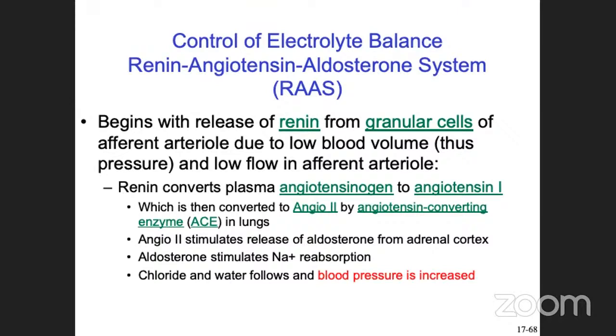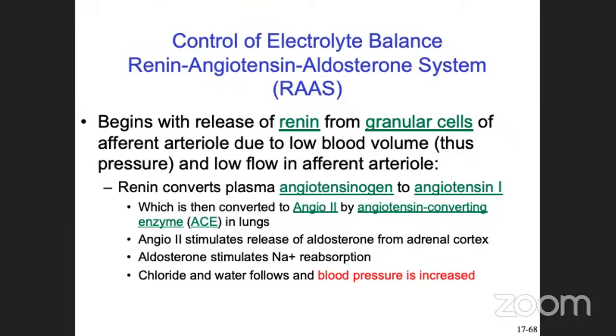Why? Because you have known from earlier slide, due to the low blood pressure, and also the low blood volume, your body reacts by increasing the production of angiotensin 2 to vasoconstrict. Right, this is occurring in the systemic system. When the blood vessel constricts, of course, you have a higher blood pressure.